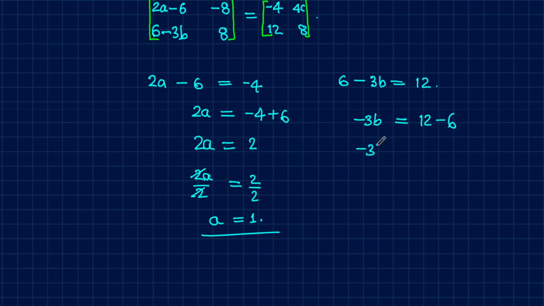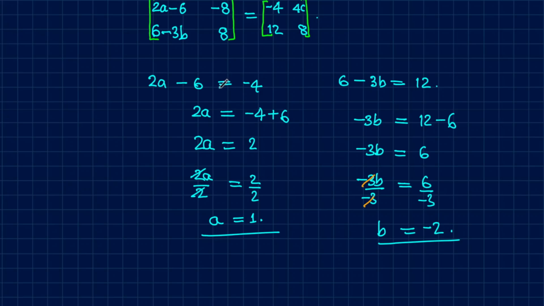So from the right hand side, if we simplify this, we get 6. And since we're looking for B, we can divide both sides by negative 3. So we have 6 by negative 3. And again, this cancels out, so we're only left with B, and this is equivalent to negative 2. So that is the result for B.